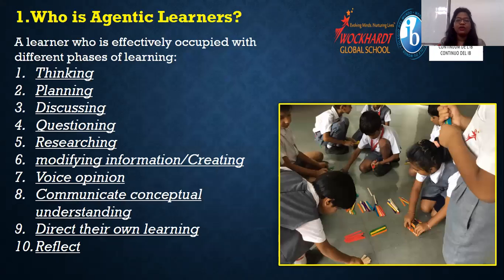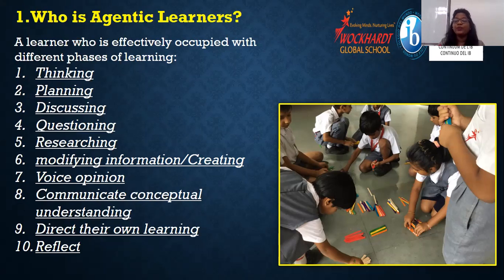Okay. Now, the first point which I have mentioned: who is an agentic learner? A learner, any student in the classroom, who is effectively occupied with the different phases of learning, like thinking, planning, questioning, researching, modifying information, or creating something.